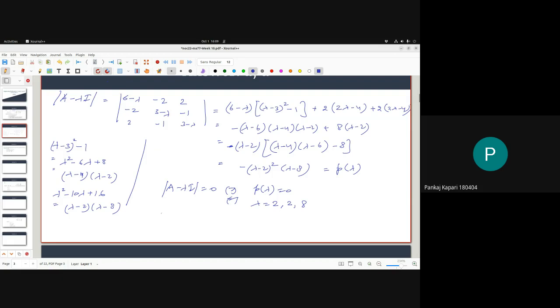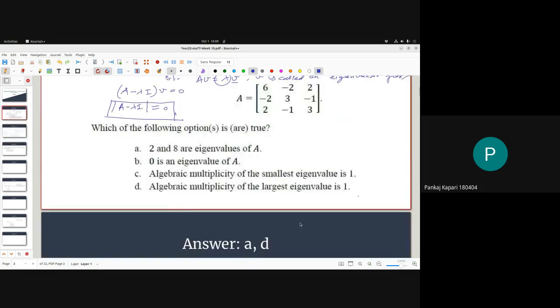So the algebraic multiplicity of 2 is 2, because it's repeated two times, and the algebraic multiplicity of 8 is 1. These are the eigenvalues with their algebraic multiplicities.